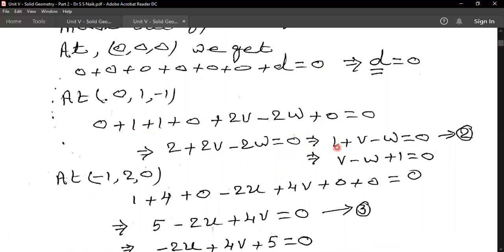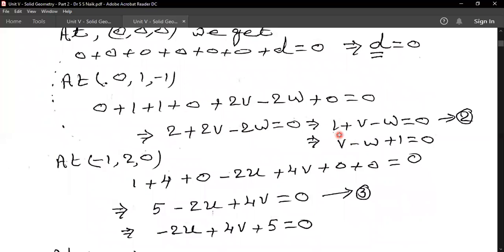Then 2 is taken outside, this becomes 1 plus v minus w is equal to 0. Okay, so this is an equation where you are having two values, v and w. These are the variables. Then this is a constant.